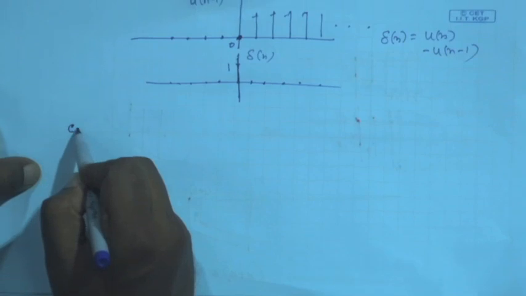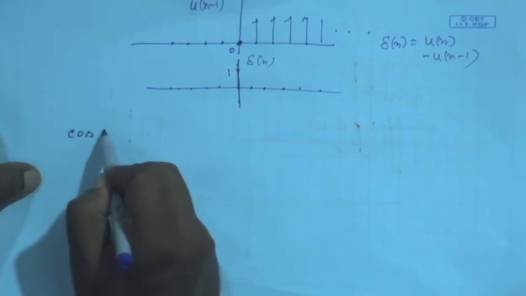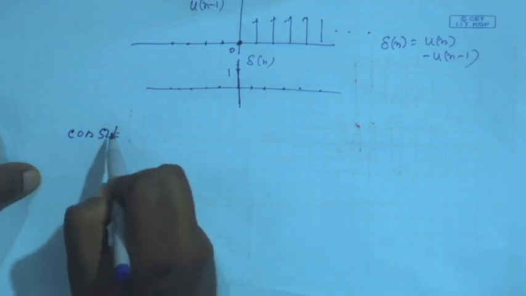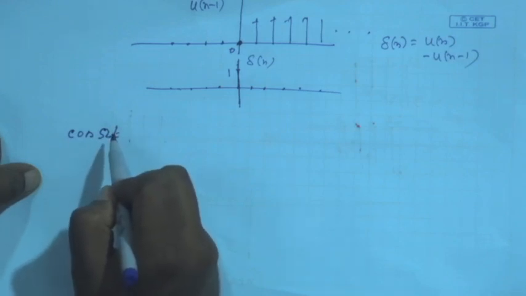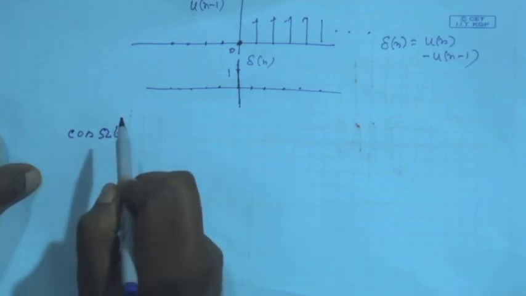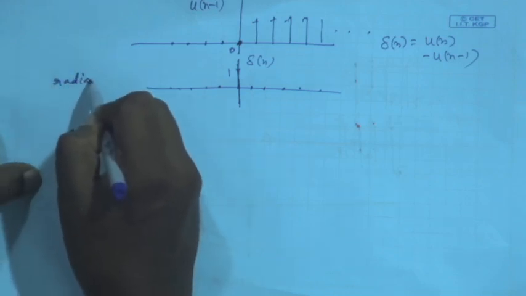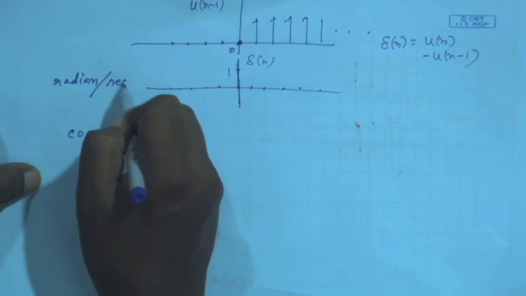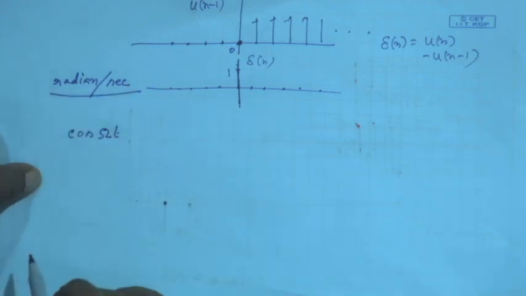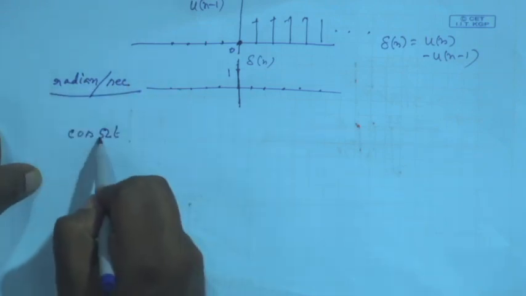One more interesting thing. In analog, you take cosine of capital omega t. Remember, in analog, we denote the frequency in radian per second by capital omega.